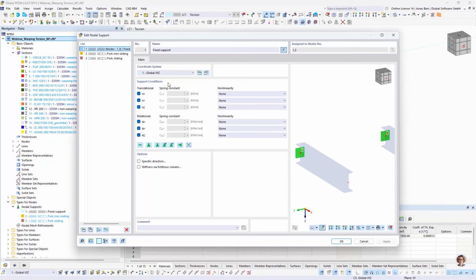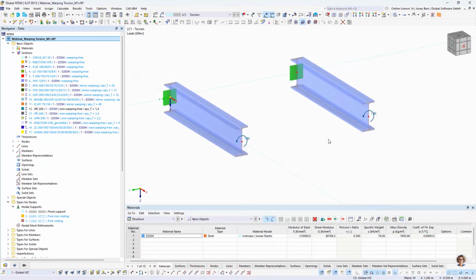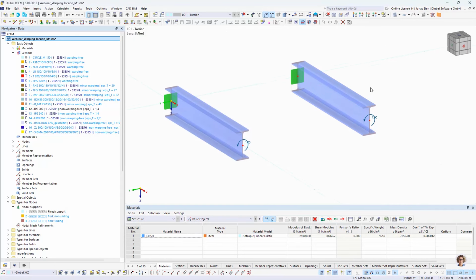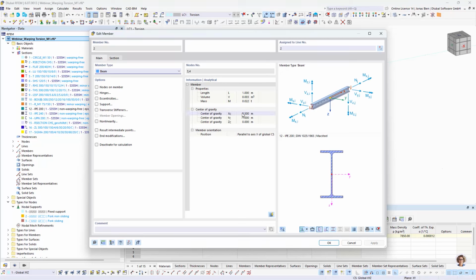And that's basically because the warping degree of freedom is highly a local one, and it only affects beams and not any surfaces or volumes that you could also support by these nodal supports. So that's why we actually put the warping constraint into the beam properties. So we attached the warping degree of freedom to the member object.